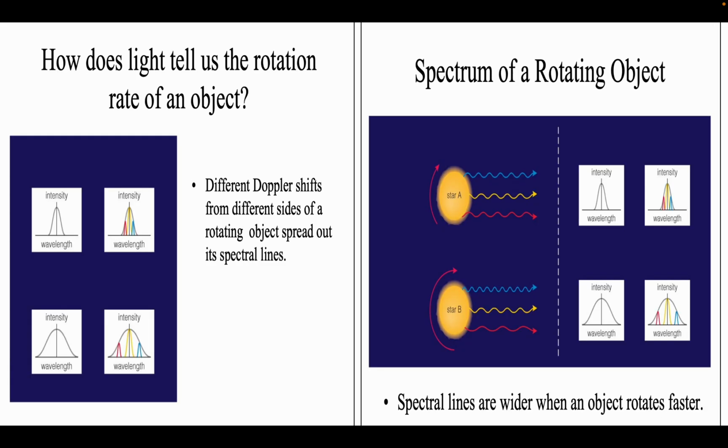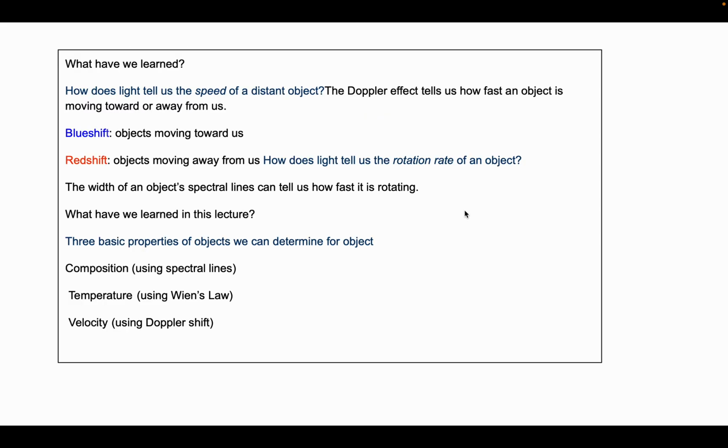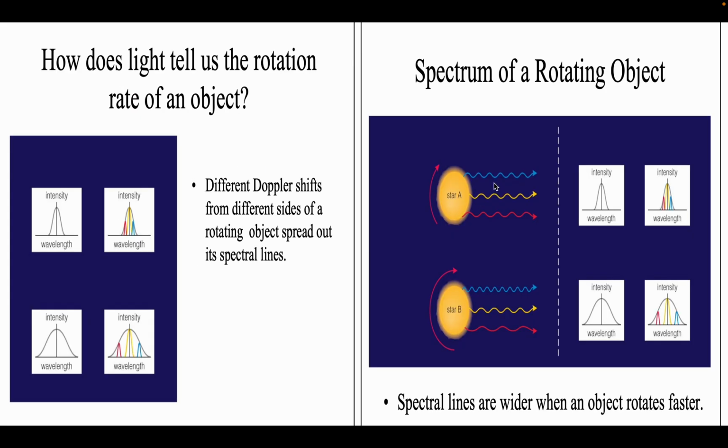Also, how does the light tell us about the rotation rate of the object? Different Doppler shifts arise from different sides of a rotating object and spread out its spectral lines. The spectral lines are wider when the object rotates faster.